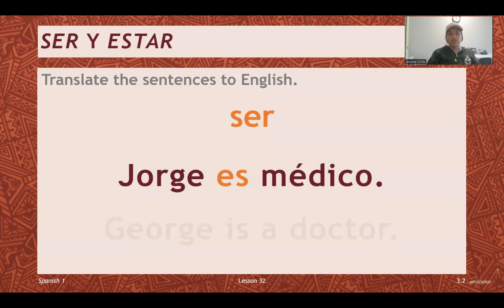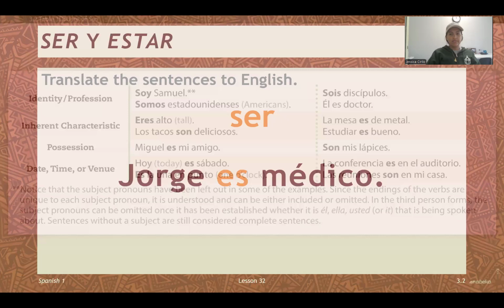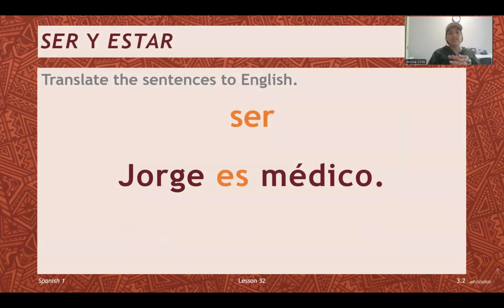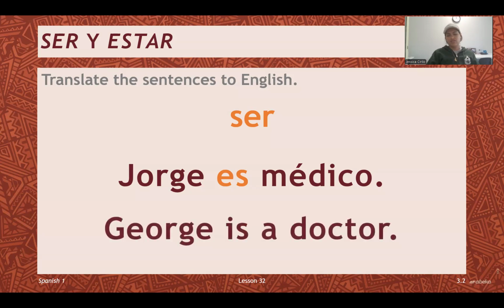So let's do some practice for ser. It says translate the sentences to English. Jorge es médico. So what does this mean? He is a medic. He's a doctor. Yeah, he's a doctor. It could be doctor or doctor. Okay.